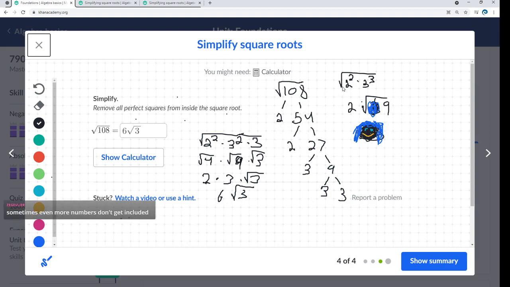So then that gives us 2 to the second power, and then we were able to divide 27 by 3. 27 divided by 3 is 9, and then 9 divided by 3 is 3.